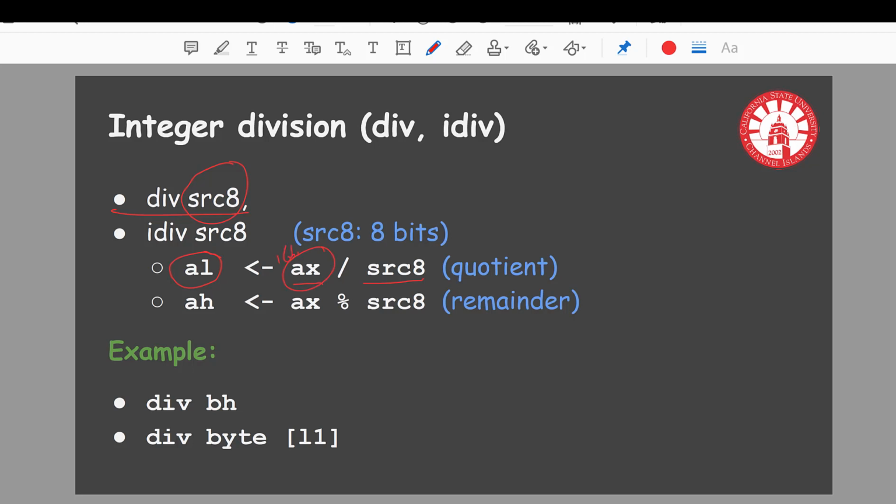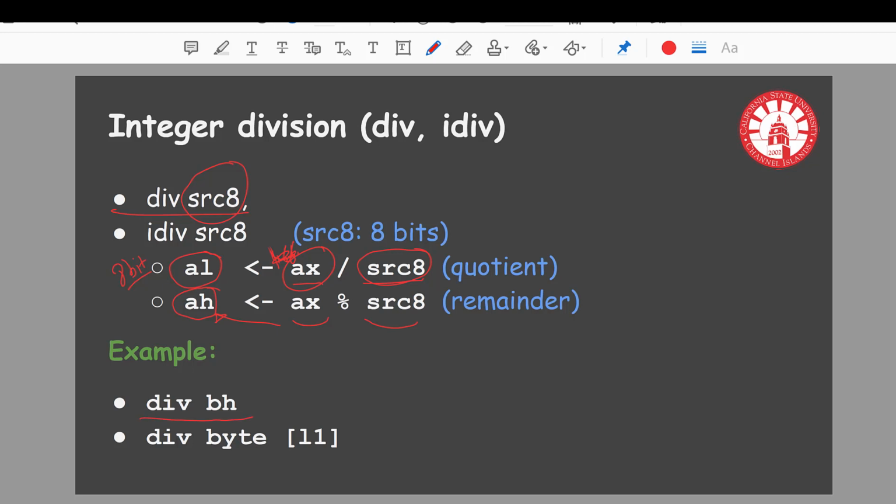AX is 16-bit, but the result is going to be less than 16-bit, and in our case, since it is divided by an 8-bit register, the result is going to be 8 bits in length. And then we are also able to calculate the remainder in this operation. The remainder is going to be stored in the AH register. So you have your AX, you take the remainder, and then you put the remainder in AH.